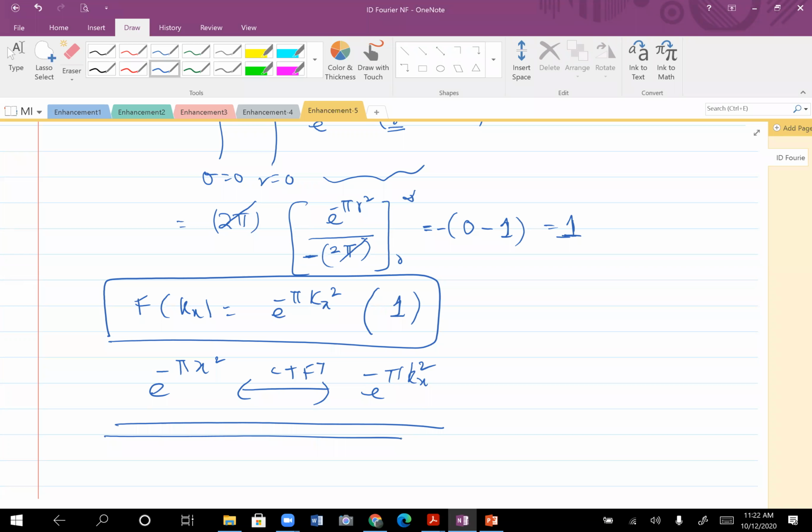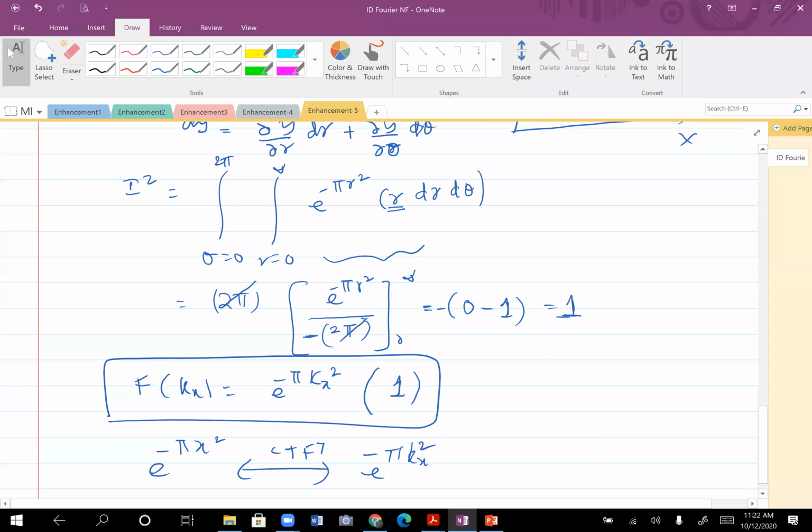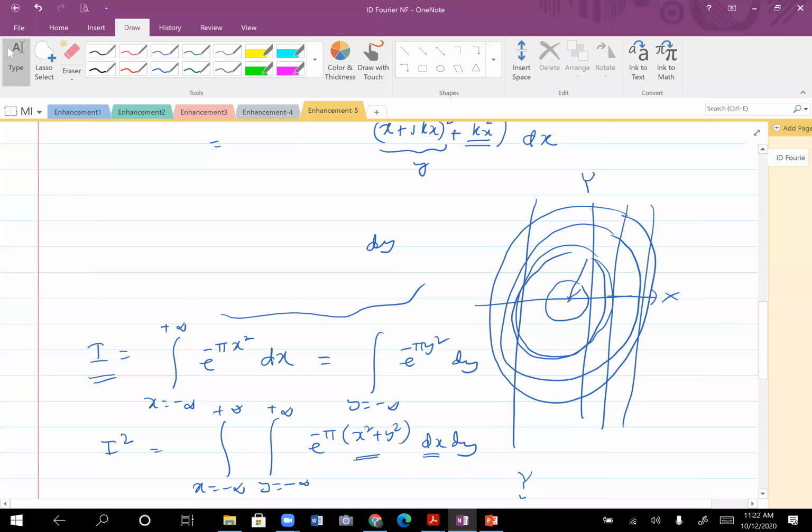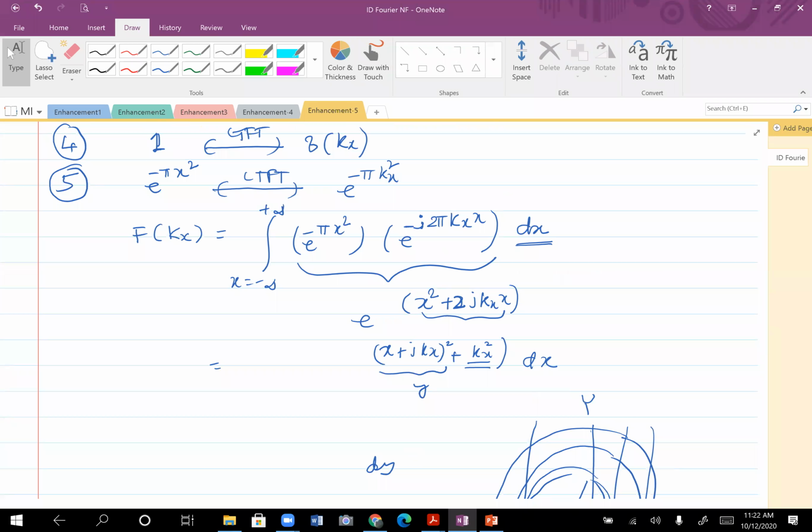Can you once again repeat how you got f of kx? Which part shall I repeat? This one? See, unfortunately, this got messed up here. This got disappearing sometimes. This is not working well. See here, what we did after the substitution.